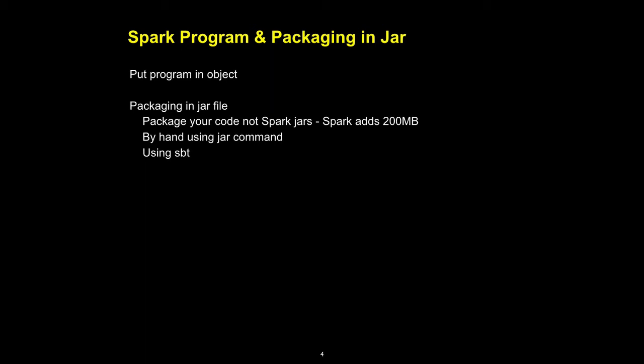And then they uploaded that to AWS and ran it. The program I just ran, I think the jar file was 2K. If I had incorporated all the jar files, it would be over 200 megabytes. So you don't want to do that, right?